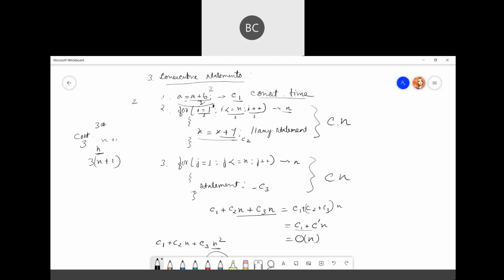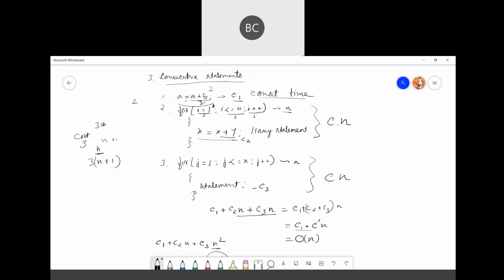So what will be the total time for the whole program? You will add up the time for each statement or each line. Remember in your program you have certain line numbers; if you find any error, they will show the line number.